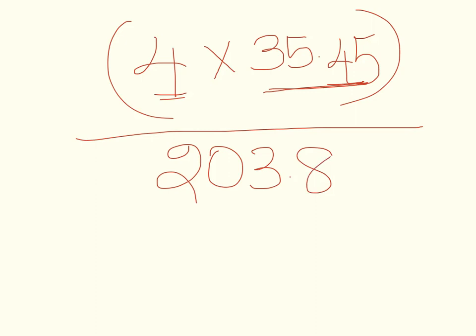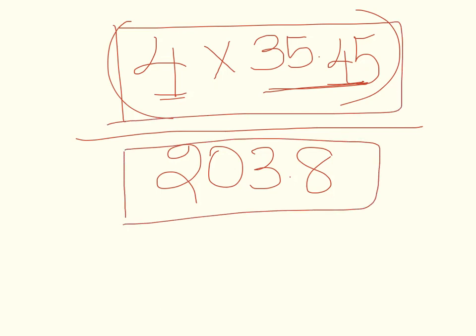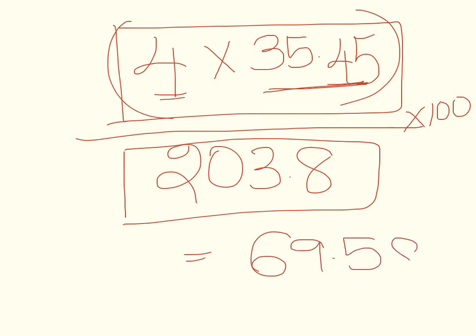So this is the total mass of chlorine, and this is the total molar mass of the compound, multiplied by 100. This will give us approximately 69.58%. So this tells us that the mass percent of chlorine in Freon 112 is 69.58%, and this is extremely useful information.